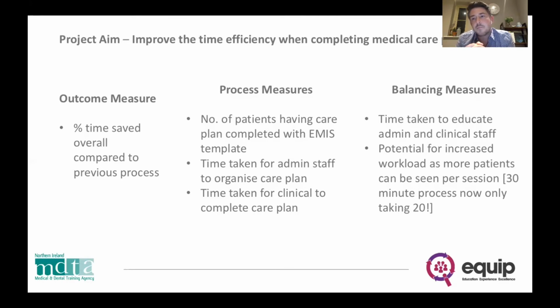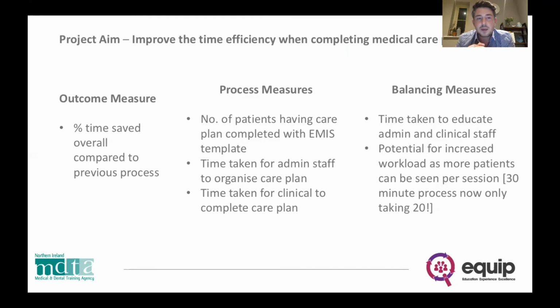So I devised a system and project where I would automate a lot of it, and try to remove as much admin staff commitment to completing these medical care plans as possible, using a template and some trickery on EMIS to wipe out all the repetition stages.